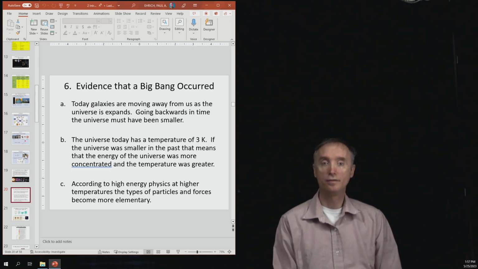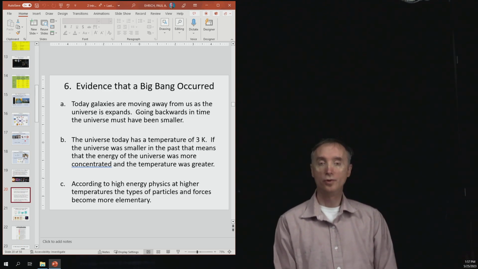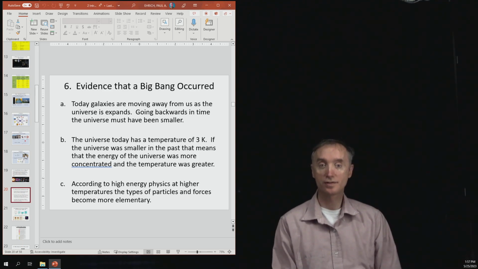Then the second line of evidence is that the universe today has a temperature of 3 Kelvin. You might be more familiar with degrees Celsius in the metric system, or degrees Fahrenheit in the English system of units.